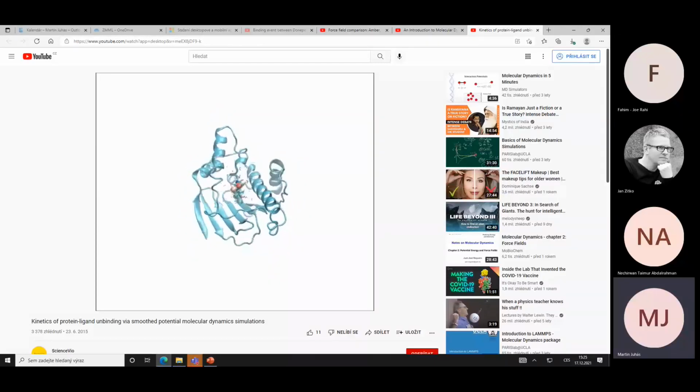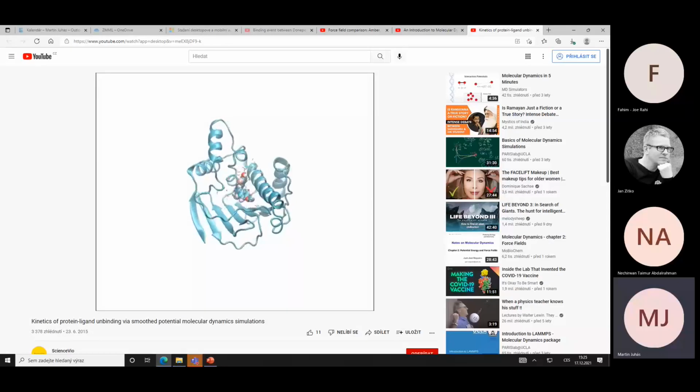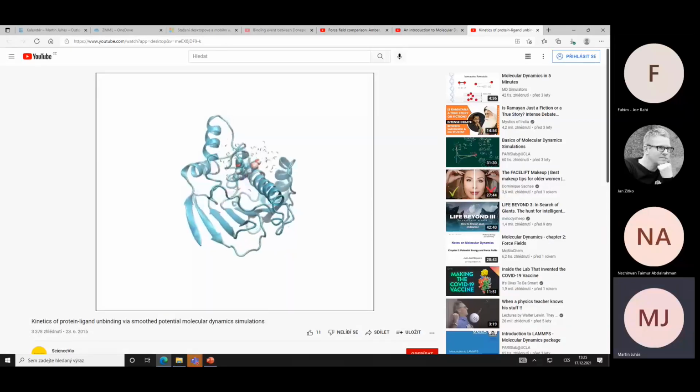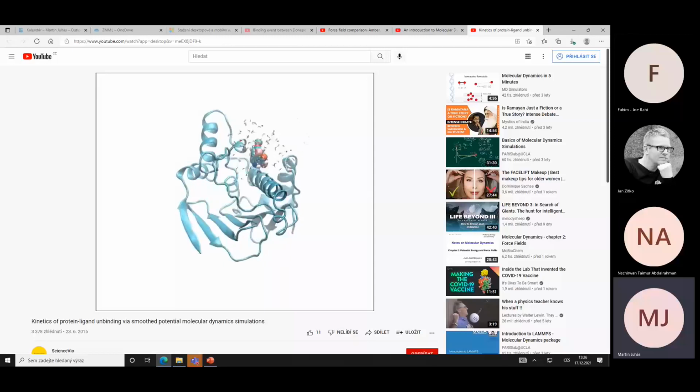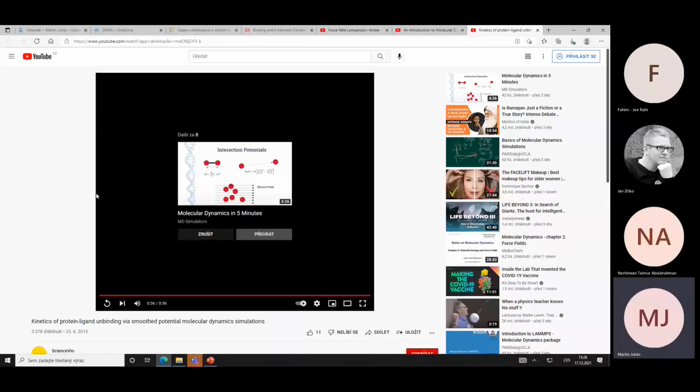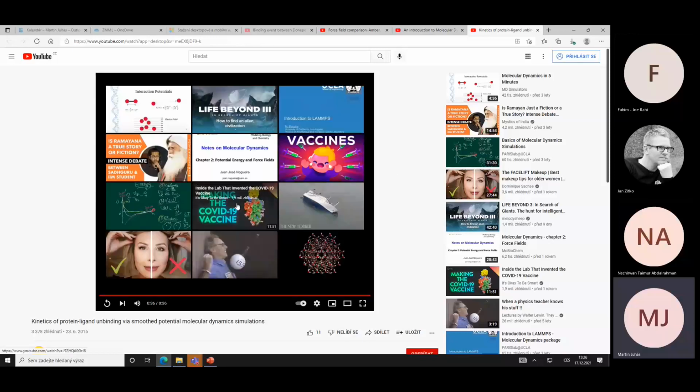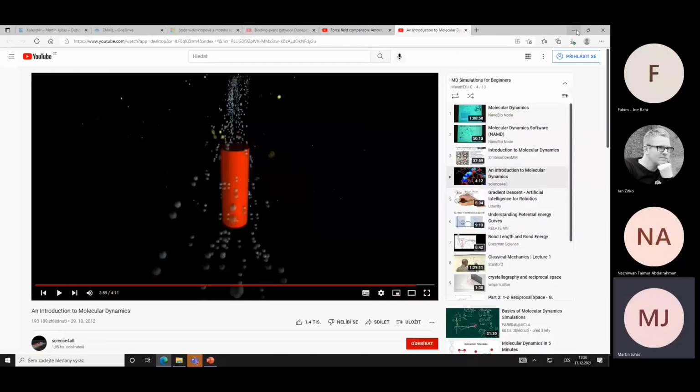So you can compare different ligands with each other, and you can compare how well they are able to inhibit or at least bind to some specific target or protein.